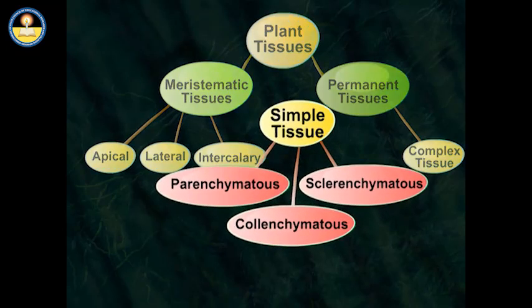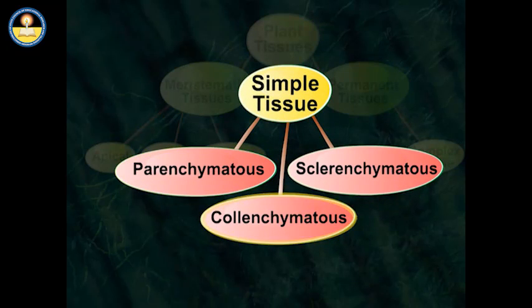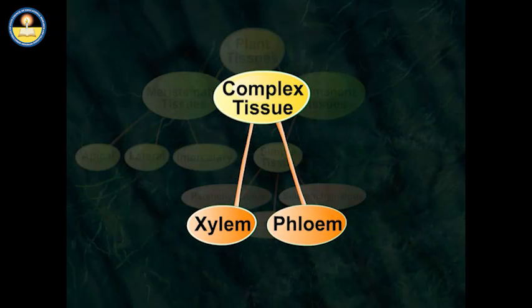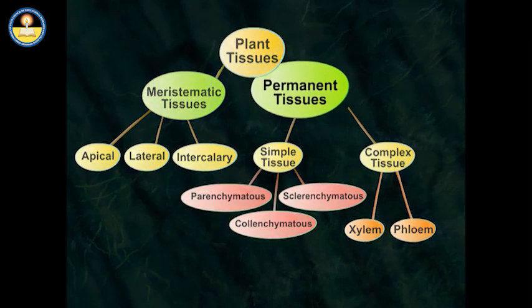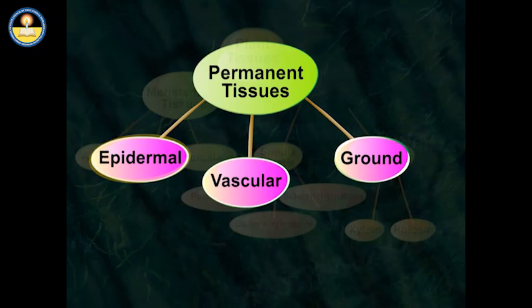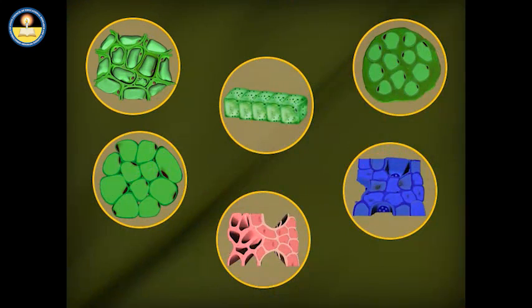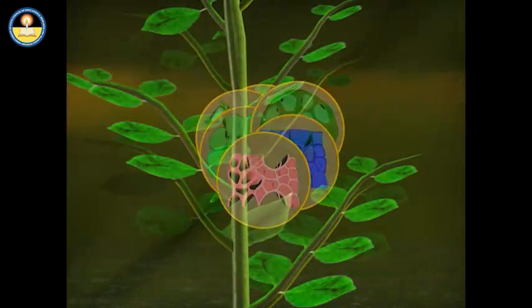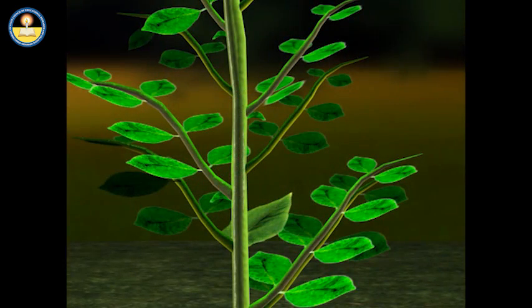These cells are like parenchymatous, collenchymatous, sclerenchymatous, xylem and phloem, etc. Combination of one or two types of cells form three types of tissue systems: epidermal, vascular, ground tissues, each having meristematic cells in it. In this module, you will study how all these cells are arranged in different patterns to form different parts of plant.